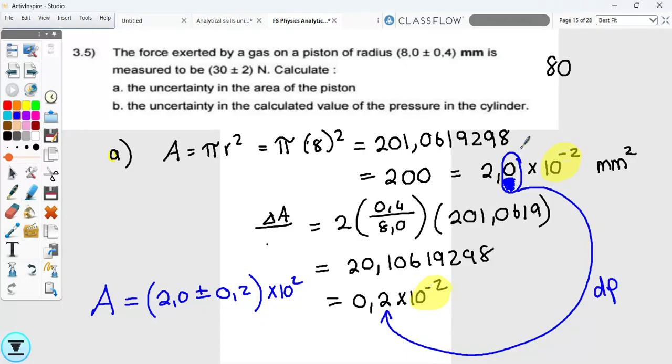The significant figures here are determined by your raw readings. So significant figures come from raw readings. So the significant figures in your real answer, your decimal places in your uncertainty come from the decimal places in your actual answer. Very important thing to note. Thanks for the question.